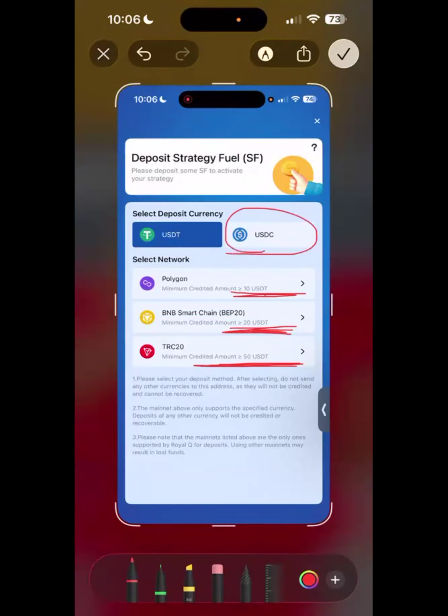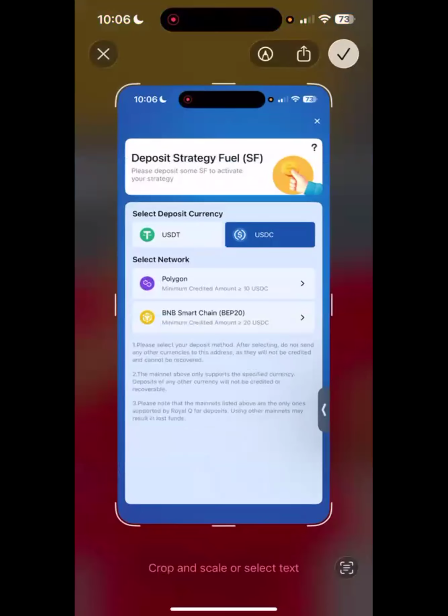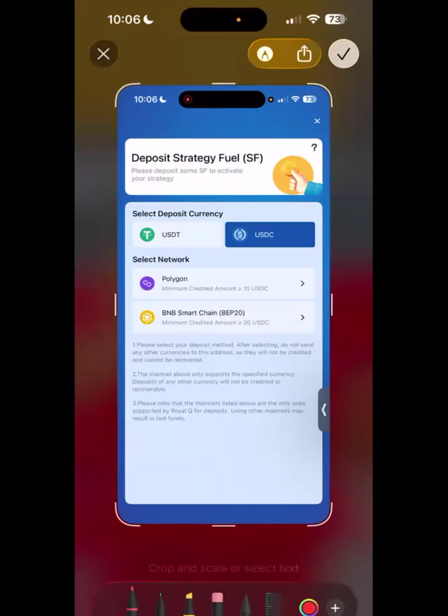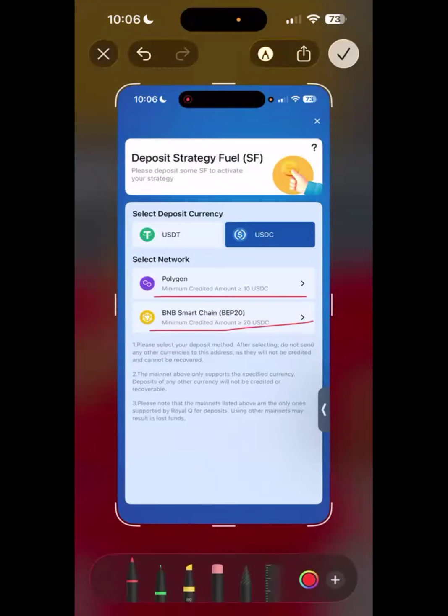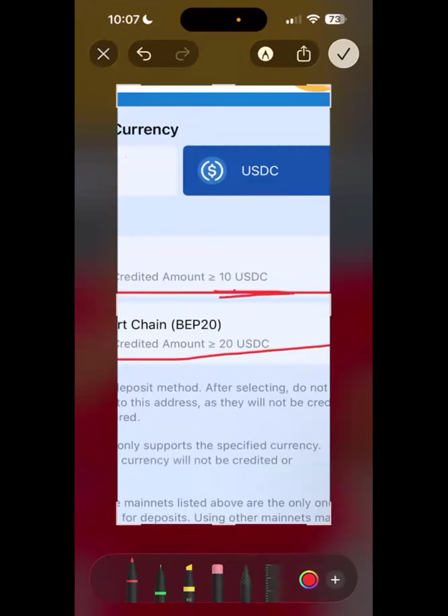Let's move to USDC. Under USDC, there are two networks. We have the Polygon and we have the BNB Smart Chain, the BEP20. And these are the minimum amounts you can use.